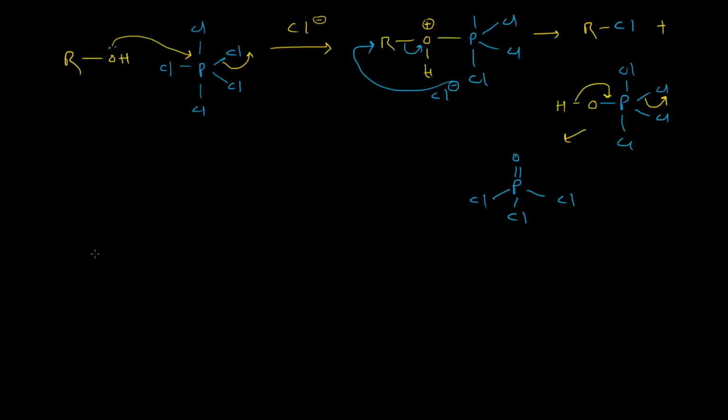And now if we consider the reaction with phosphorus trichloride, then initially this phosphorus trichloride will react with 3 molecules of this alcohol, and thereby it will form this particular compound. And then also along with these 3 molecules of HCl will form in the reaction medium.